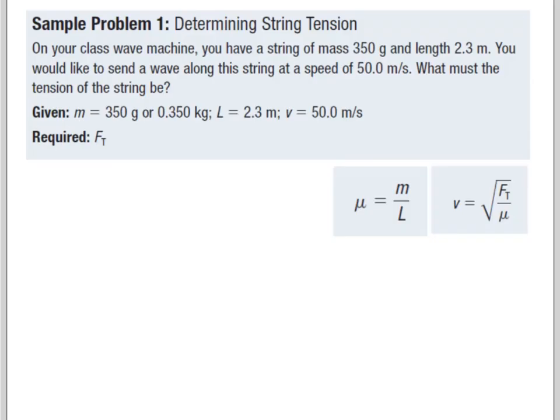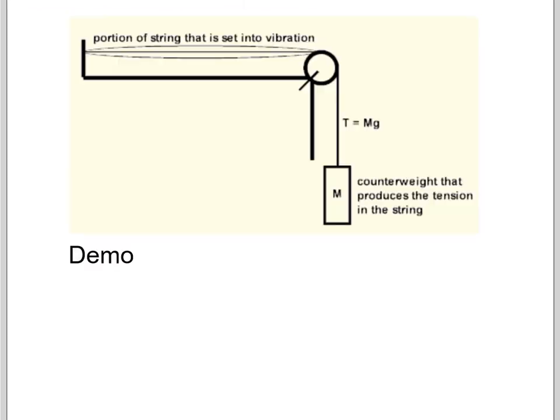Okay, so let's have a quick look and I'll show you where people have most of their problems. On our class wave machine, you have a mass hanging over a pulley. The mass creates tension in this string, and then when you pluck the string, it will vibrate and send a wave back and forth down there.